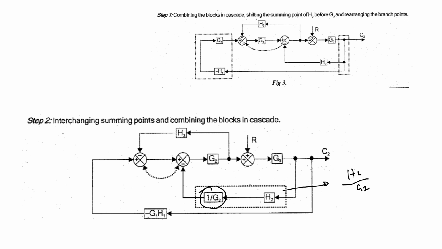Now I can interchange these two summing points because I don't have any transfer function between these two summing points. Interchanging that will not have an effect over the other blocks, right?